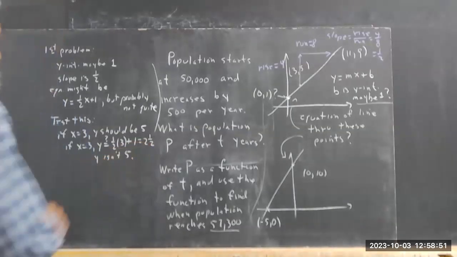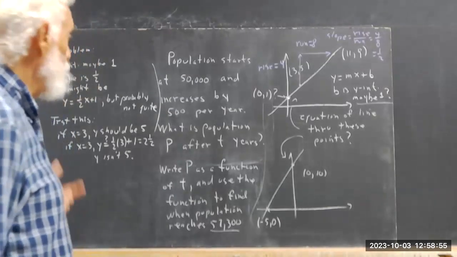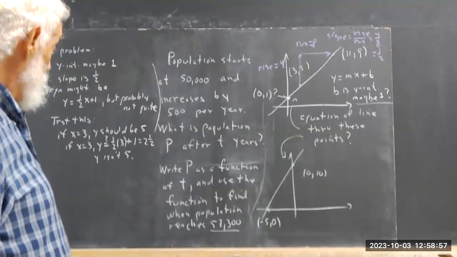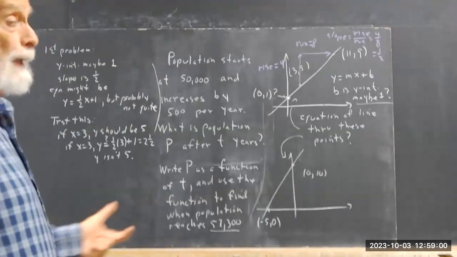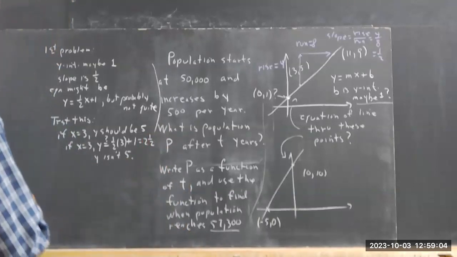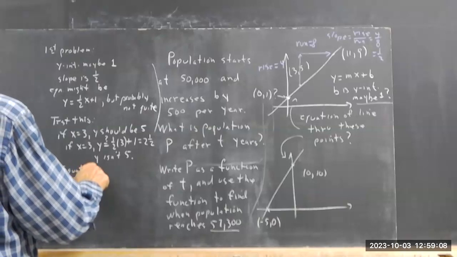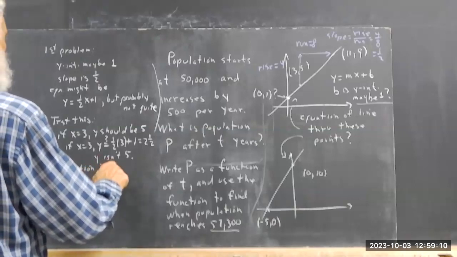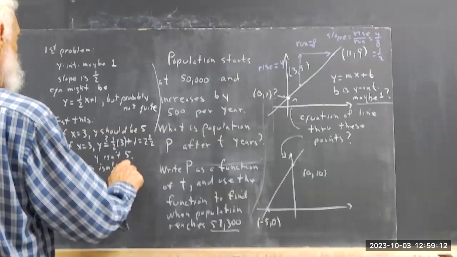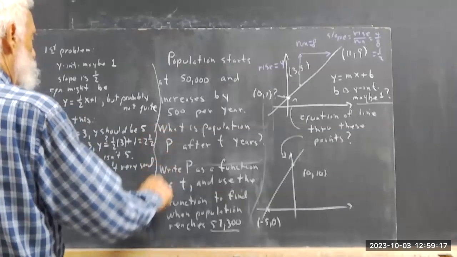So our function is somewhat off. If we plug in x equals 11, we get like 6.5. Okay, so our equation isn't very good.